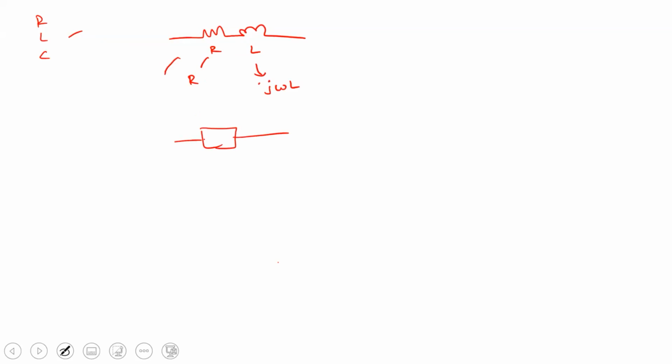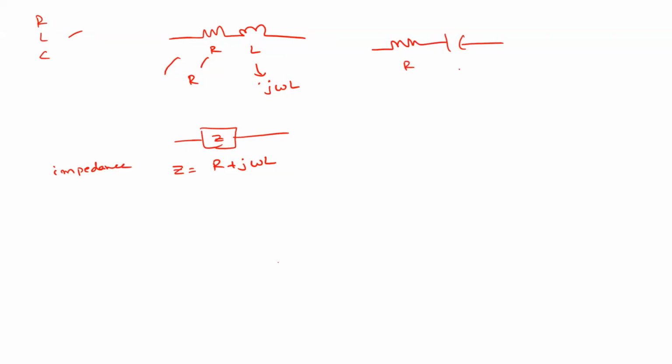So this entire thing can be written like this, as a black box. This is R plus j omega L, and this is known as impedance Z. In the case of a combination of a resistor and capacitor, this is R and this is minus j by omega C, in other words minus jXC.